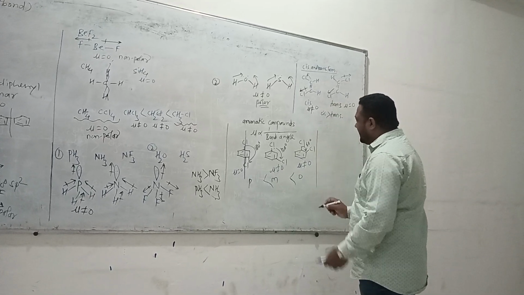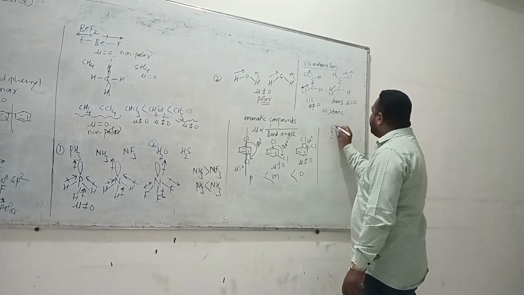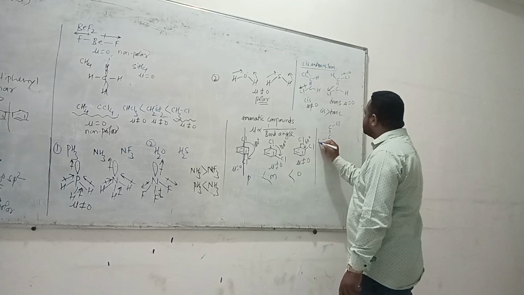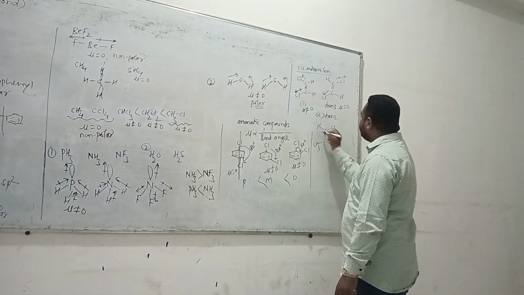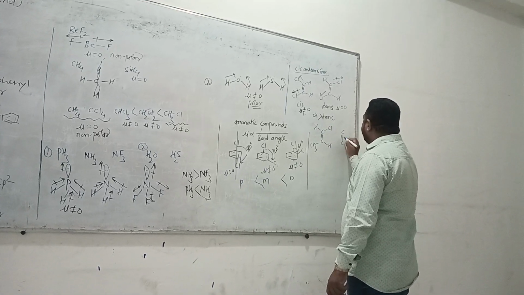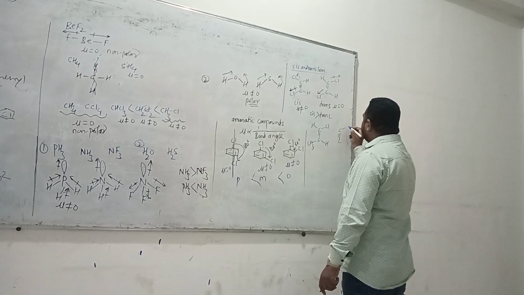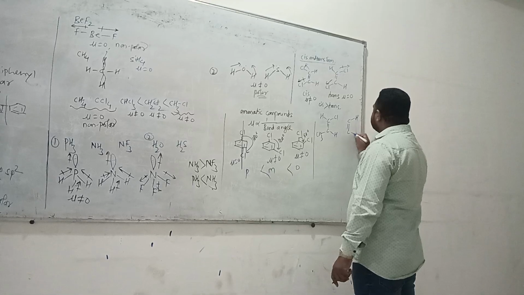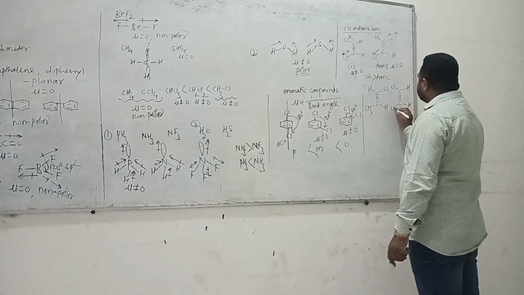And lastly we have to consider if the carbon-carbon double bond has two groups having different inductive effects. In this case, what happens here? We have to take hydrogen here. This hydrogen, take this here and this here.